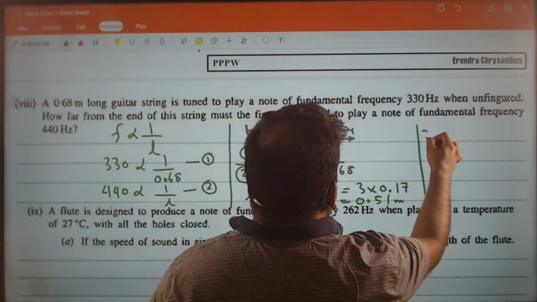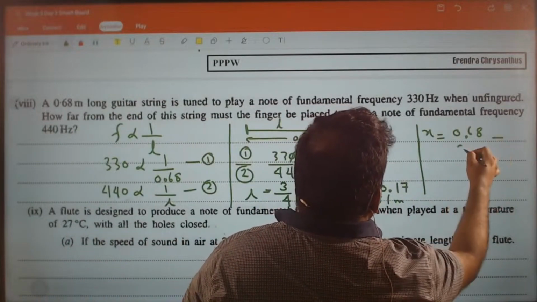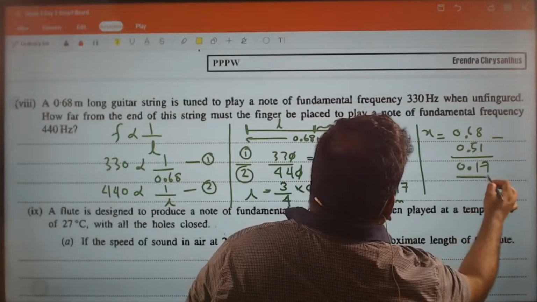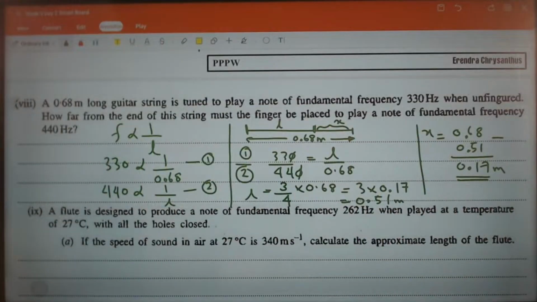So the distance x is equal to how much? 0.68 minus 0.51, 0.17 meters from that particular end. Careful. 0.17 meters from that particular end. Right.